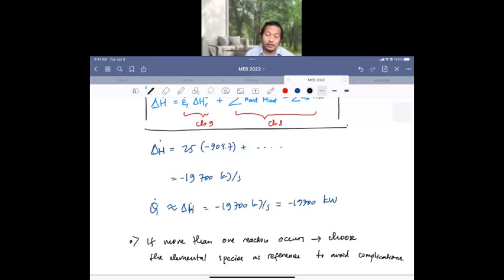If not, for example, if you have two reactions, then you have two extents of reaction, right? And then the process can be a little bit complicated.